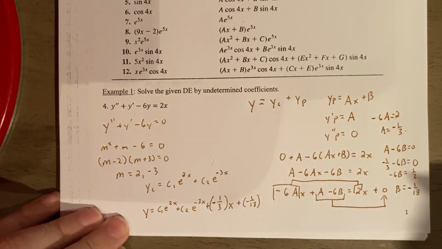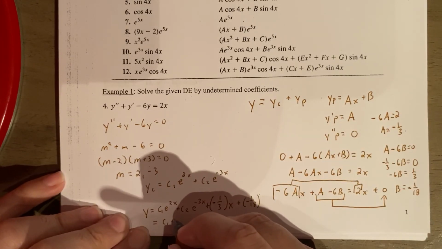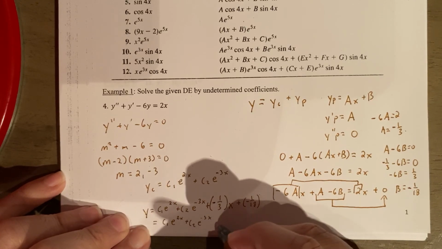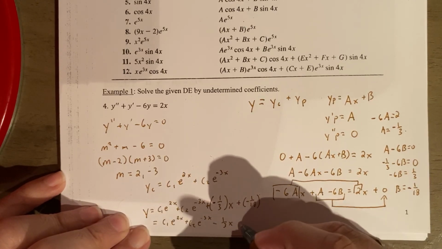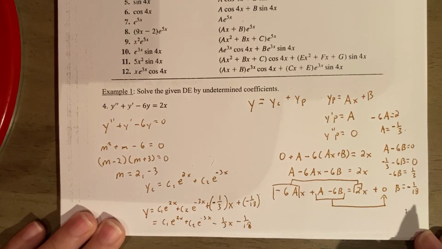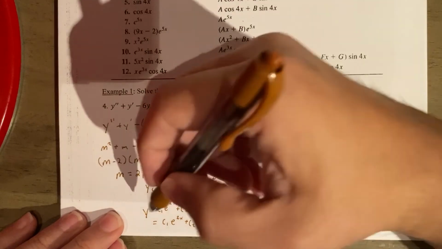And I can write that better as c sub 1 e to the 2x plus c sub 2 e to the negative 3x minus 1/3 x minus 1/18. And there's the solution to that differential equation.